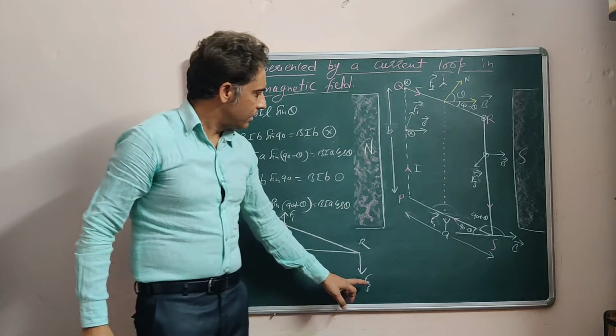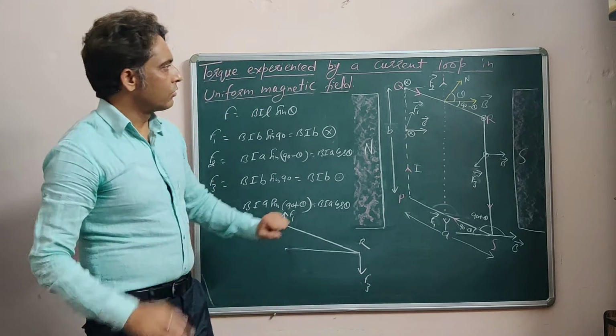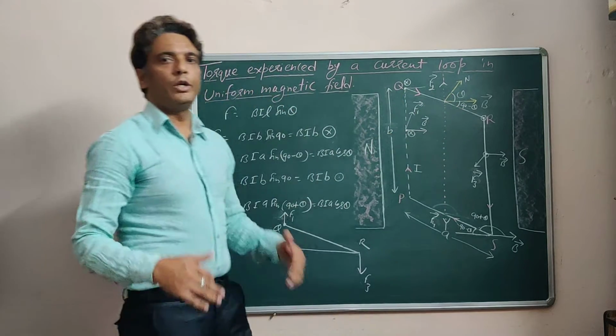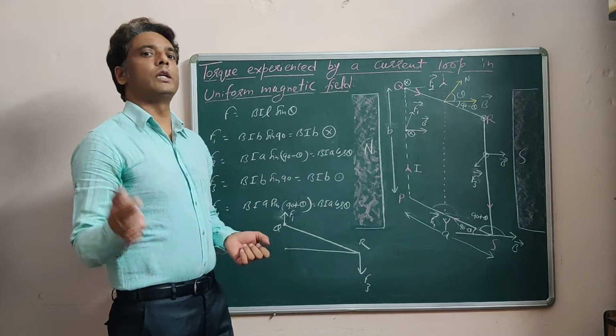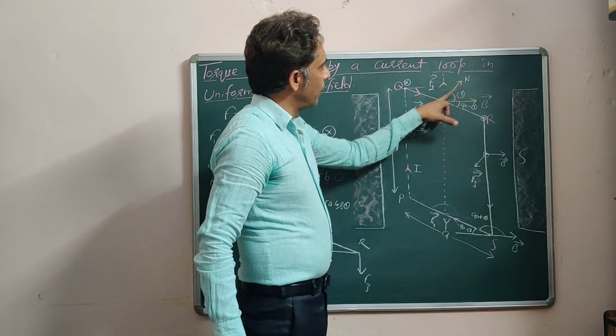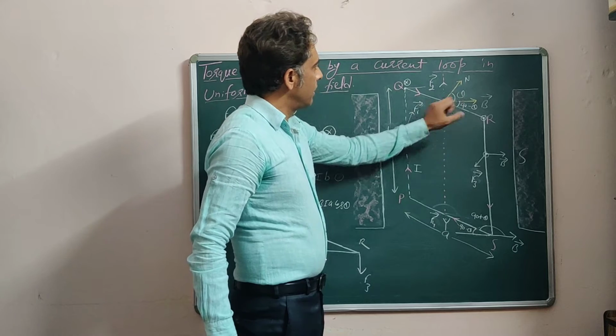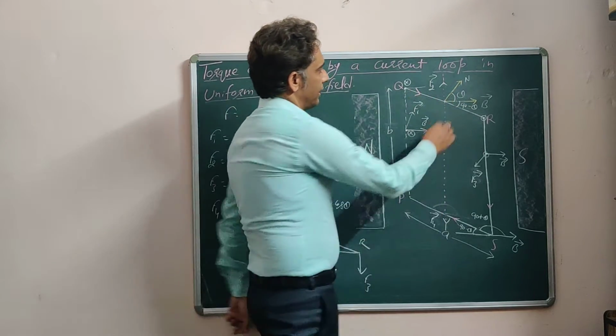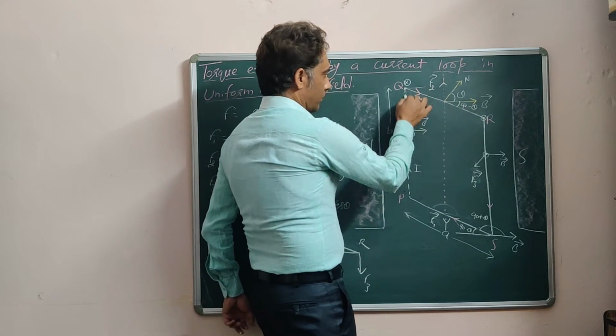So we have to find the perpendicular distance between F1 and F3, and we also know that the angle between two lines is equal to the angle between their normals. So here the angle between these two lines is theta, and this vector is normal on this line.